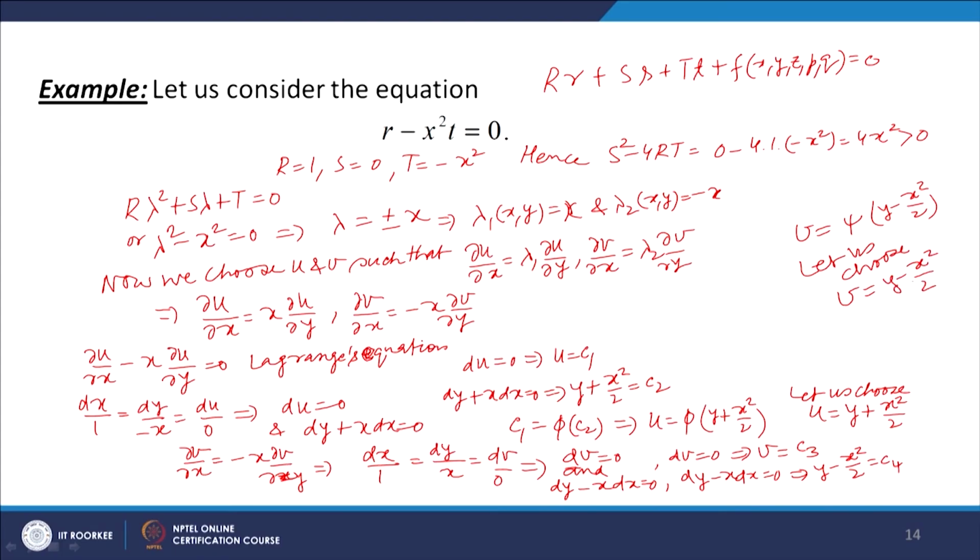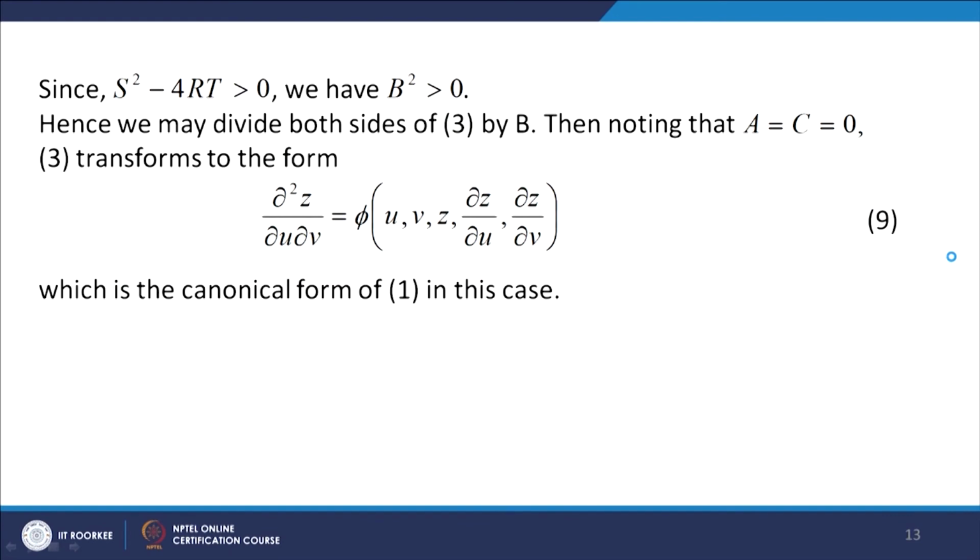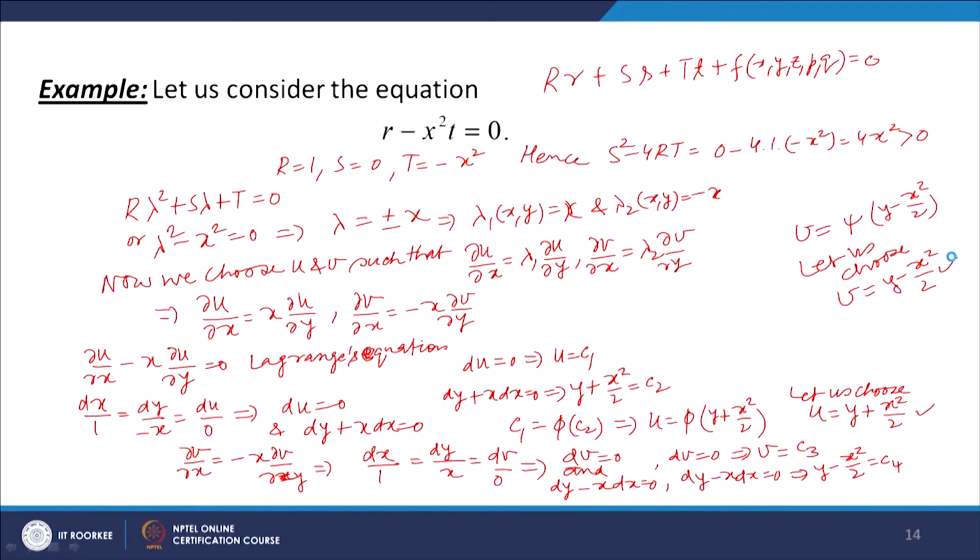Okay. So, we find the value of u and the value of v. With this choice of u and v, a and c will be zeros, and we will get the equation of this form. So, let us see how we arrive at this canonical form. Let us go to this equation, r minus x square t equal to 0.